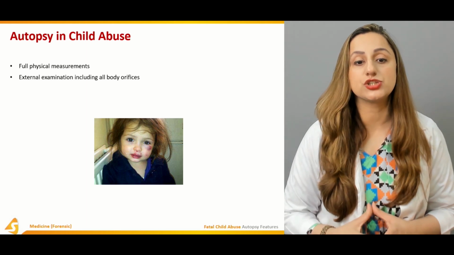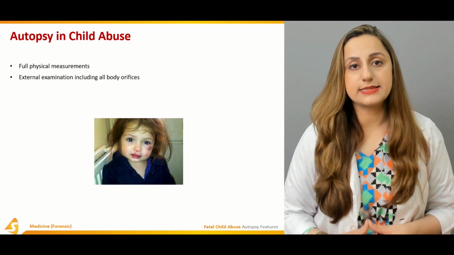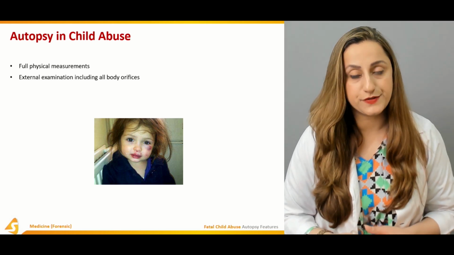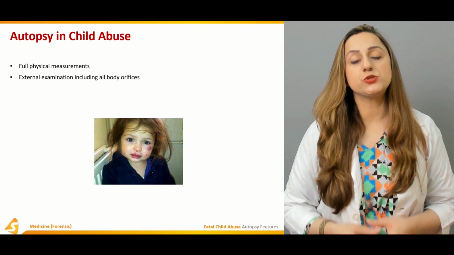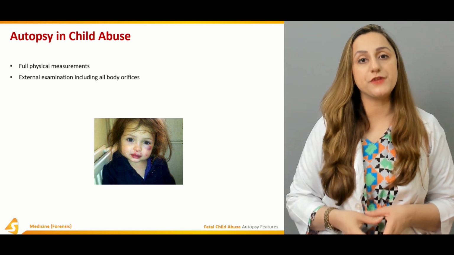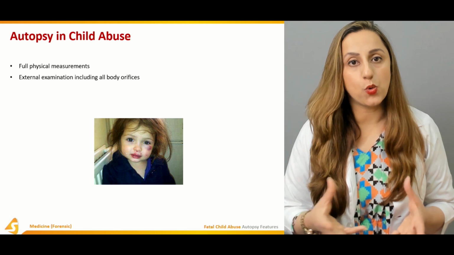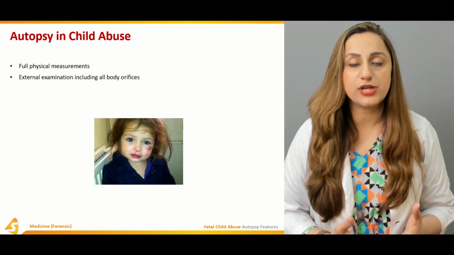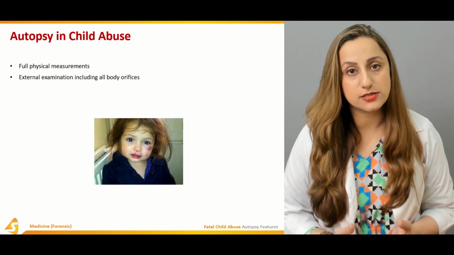There will be an external examination, and of course, this external examination is going to include the examination of the body orifices. Whenever we talk about the body orifices, we are referring to the external genital organs, that includes the female external genital organs as well as the male genital organs.